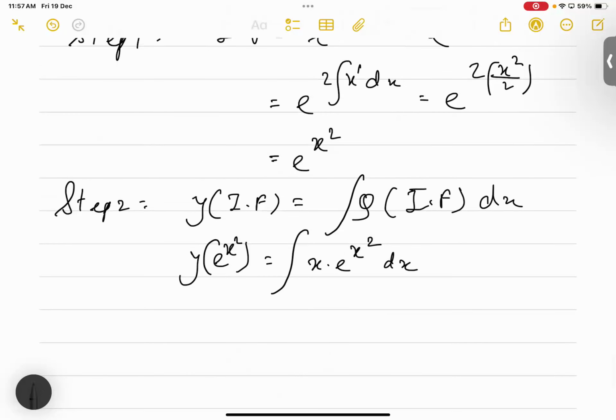Now here you'll learn something which we had done back in integration. So I'm just waiting over here. x square is something. t.